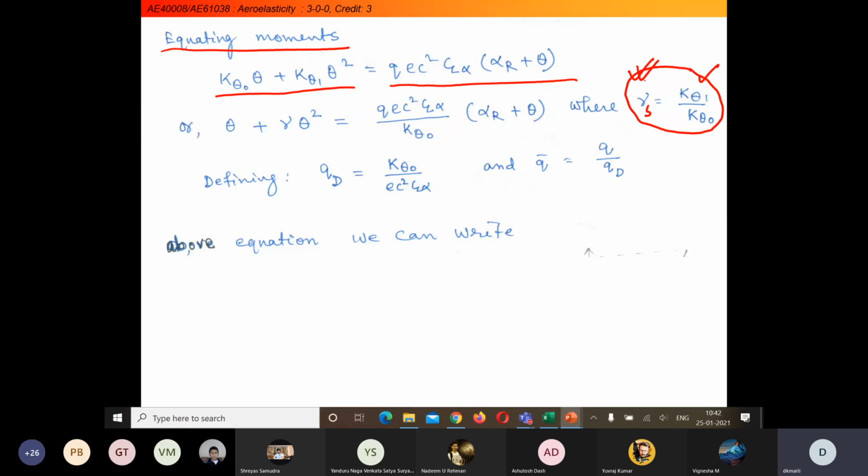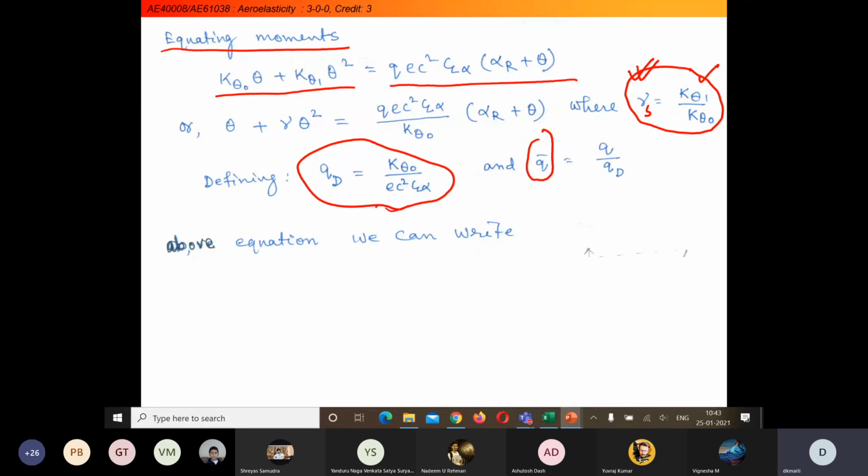And whatever we have obtained from the linear theory, q D is nothing but k theta naught by e c square C L alpha. So this is the divergence speed for the linear system. I am taking here Q bar equal to q by q D, where q is the dynamic pressure at any velocity other than the divergence speed. Now, I divide the whole equation by k theta naught.